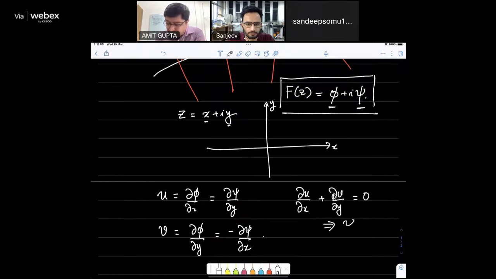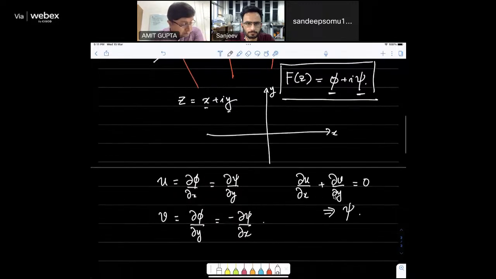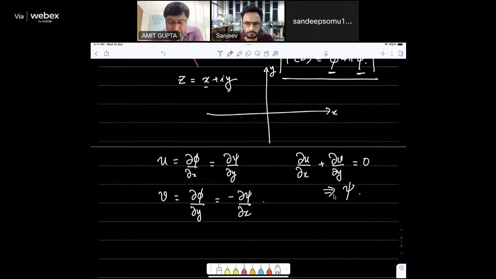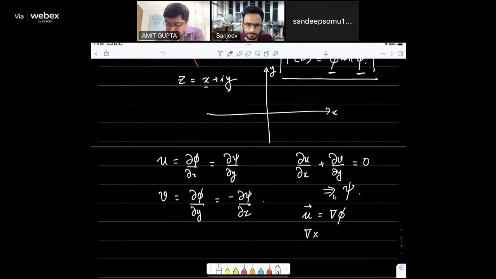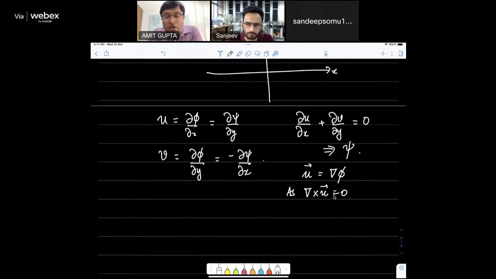Continuity gives me the definition of psi, and irrotationality gives me the definition of phi, because the flow is irrotational, so del cross u is 0, the curl of velocity is 0. So u has to be the gradient of a scalar function. When I write u as the gradient of phi, I essentially say that u is d phi dx and v is d phi dy.